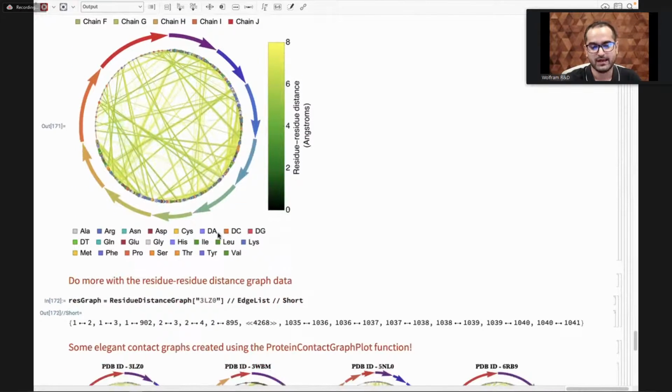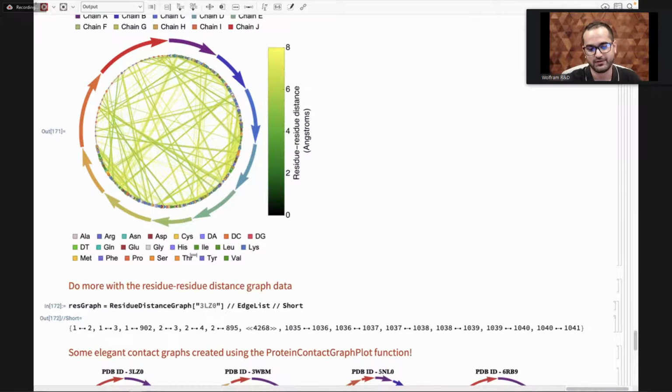And again, you can do more with this data because you can generate the raw data using the residue distance graph function using this command. This tells you, if the residue list is flattened, not taking the chain information into account, which residues are connected to which.